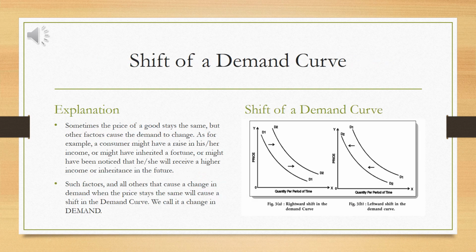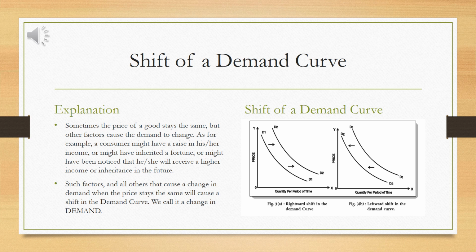Sometimes the price of a good stays the same, but other factors cause the demand to change. For example, a consumer might have a raise in his or her income, or might have inherited a fortune, or might even have been notified that he or she will receive a higher income or inheritance in the future.